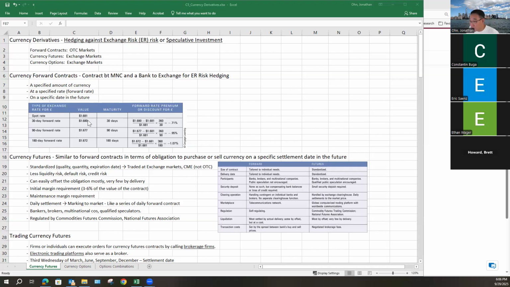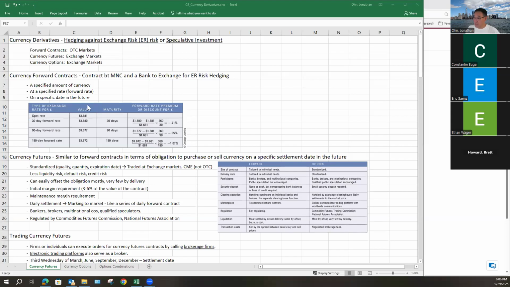If you look at this, the forward rates are lower than the spot rate, right? In that case, we say this is a forward discount. So the British pound is at a forward discount. I think you remember this.